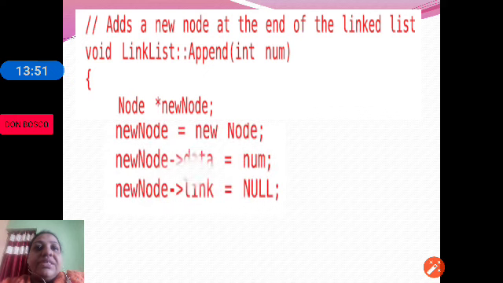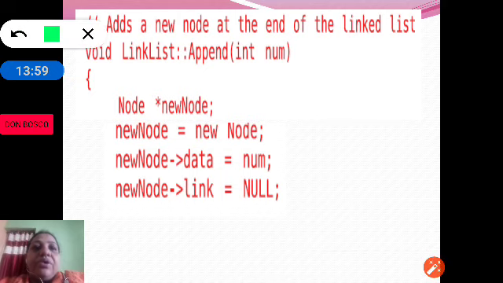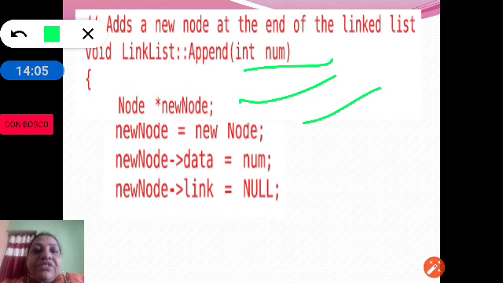So now we shall see how we can add a node. You can see here, append will take one argument, that is the data. New node is the new node, and first we are making data as num. Whatever data you give in the main will come to the new node's data.